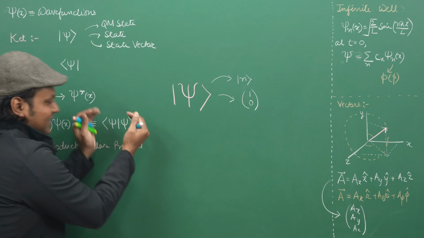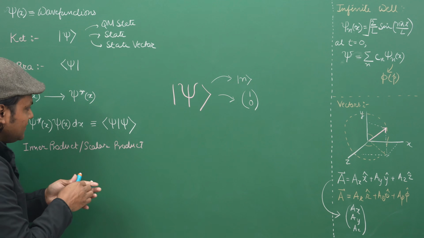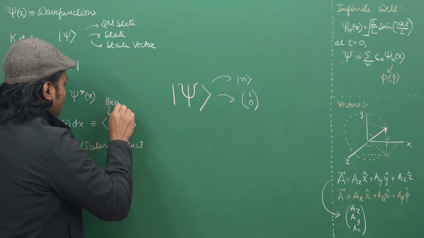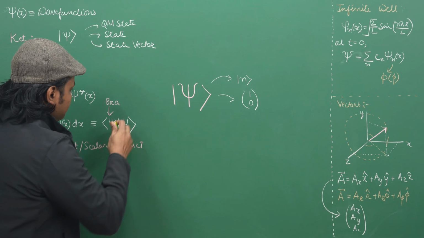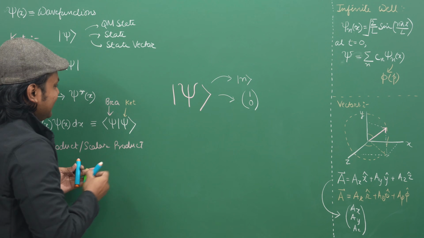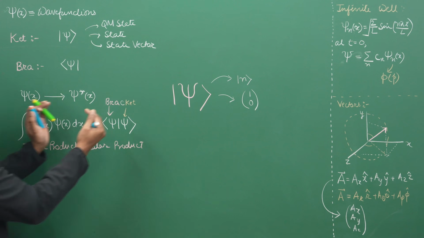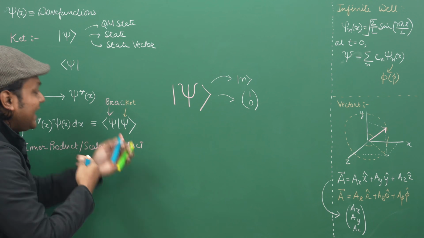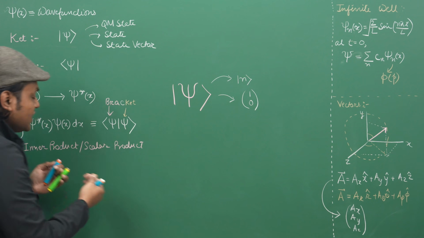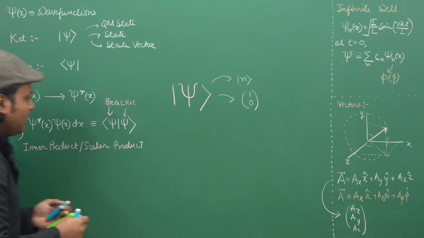This looks like a bracket. And from this word bracket comes the word bra and ket. Do you see what's happening? This essentially comes from the word bracket. So essentially, when we deal with bras and kets, we are mostly interested in figuring out their inner products, because their inner products give us an idea about something that's happening in the quantum mechanical system.